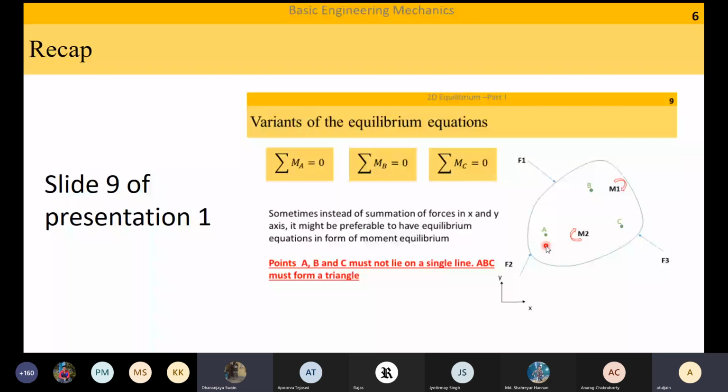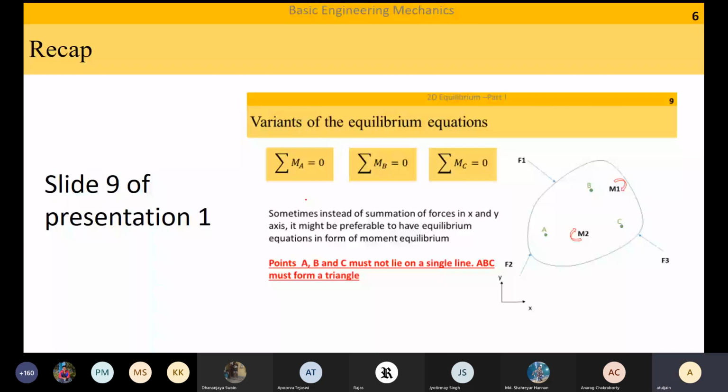That would suggest that if we take any other point D, then moment about D will also be 0. Yes. Okay. So the second variant of our equilibrium equation was when we said summation MA is 0, MB is 0, and MC is 0.